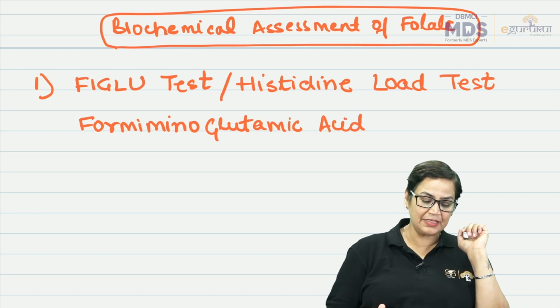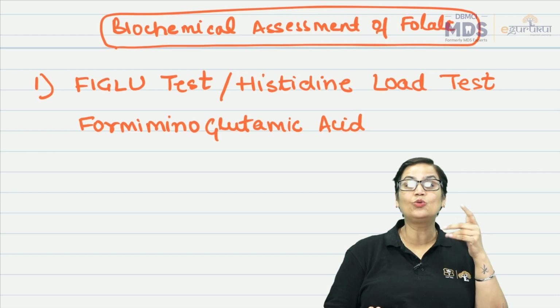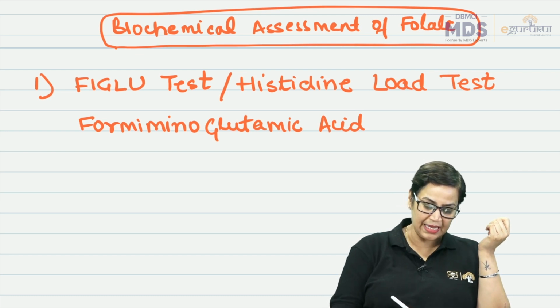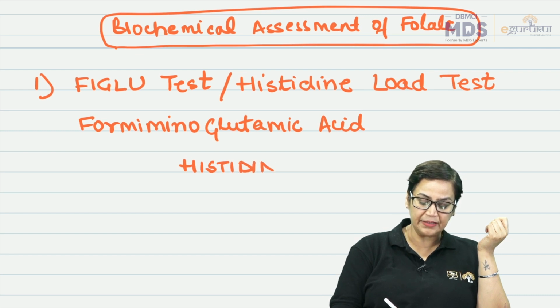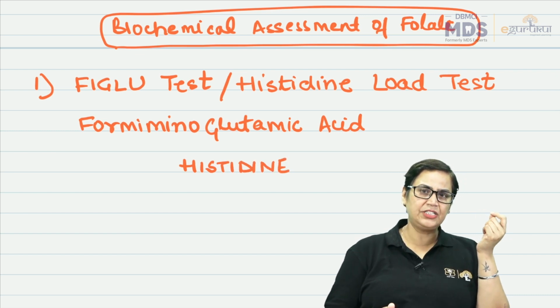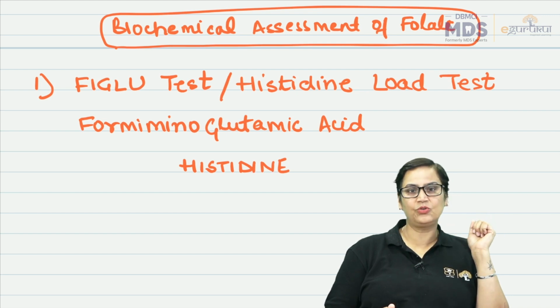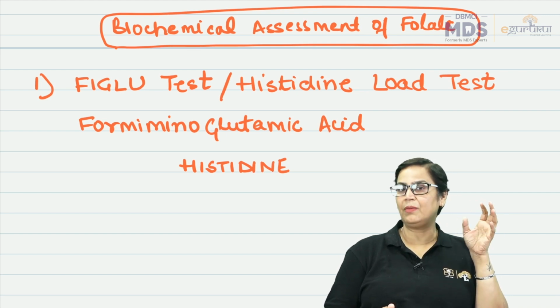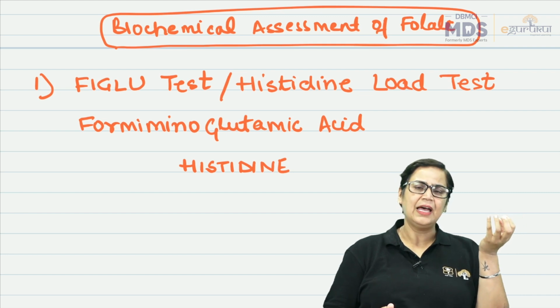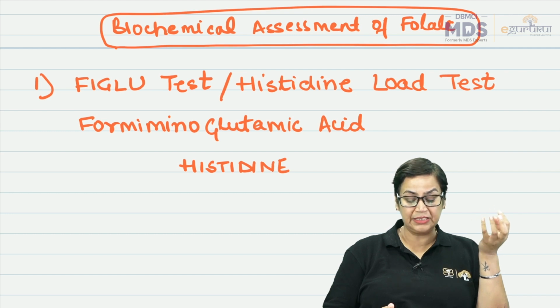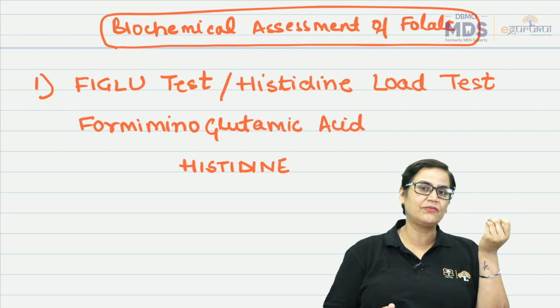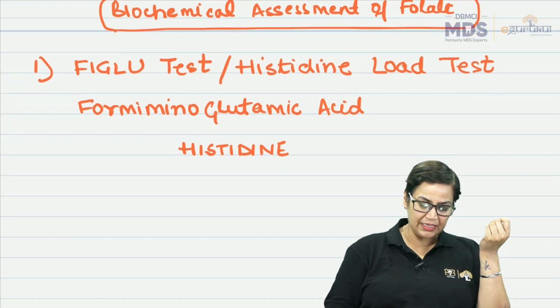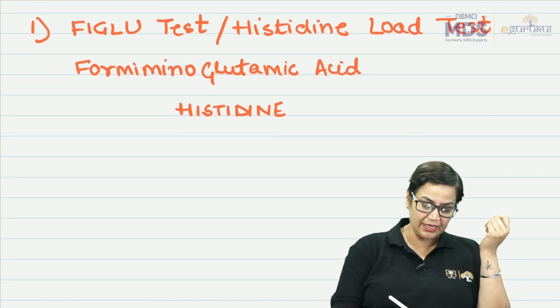Right? And what happens is whenever this histidine undergoes breakdown, this histidine, which is a very important amino acid in a sense that a slight change in the pH will be due to this histidine. It is the most stable amino acid. It's a basic amino acid and it has a characteristic imidazole ring in it. And this is the most stable amino acid at physiological pH. So this histidine, when it undergoes degradation, it forms urocanate.